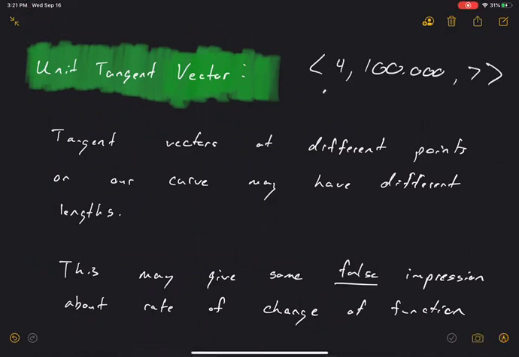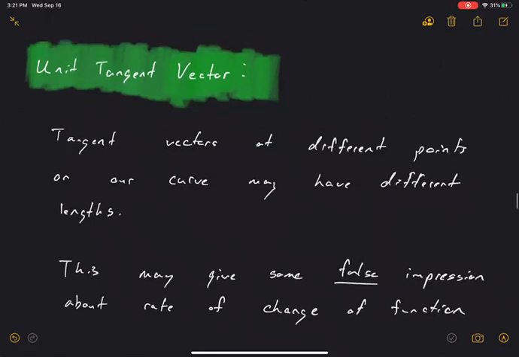Does that give us any kind of qualitative information compared to a tangent vector that looks like this? Well, let's not think about that too deeply right now. Really, these tangent vectors are just about direction. That's all we're concerned with right now. These numbers just give us an idea of what direction that tangent is pointing. And so the lengths of these tangent vectors maybe give us the false impression that one tangent vector is more important than another, and that's just not the case.